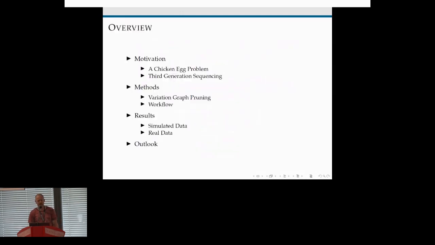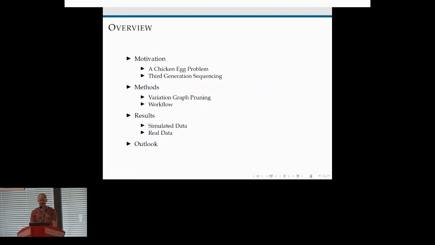As an overview, as for the motivation, you can cast the problem we'd like to solve as a chicken-egg type problem. Then I talk very briefly about third generation sequencing, which I think everyone understands anyway.